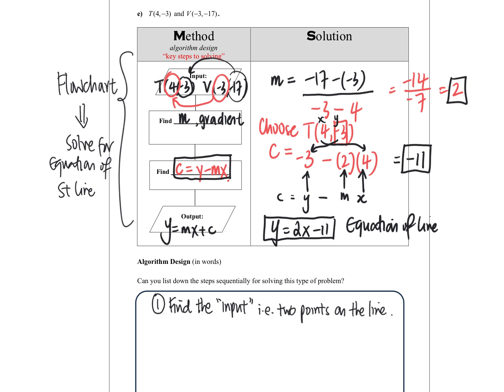When they give you the 2 points on the line, what is your second step? Gradient. Find the gradient of the line. You can use the formula y2 minus y1 over x2 minus x1. So in your mind, this is the second step.